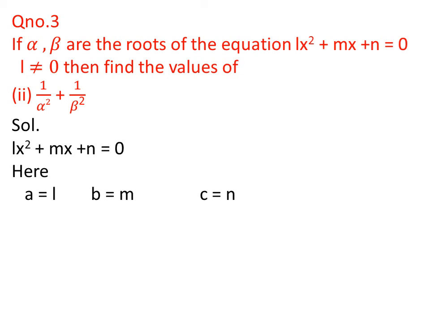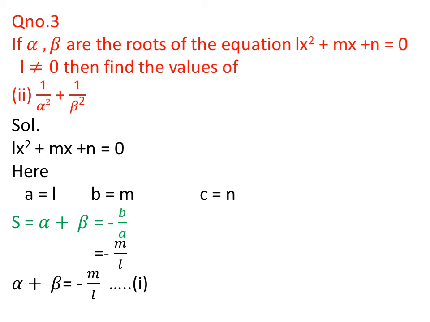In this equation the value of a is L, the value of b is m, and the value of c is n. We know that the sum of the roots is always equal to minus b over a, so we will write alpha plus beta is equal to minus b over a. By putting the values of b and a we can write alpha plus beta equal to minus m over L. This is our first equation.